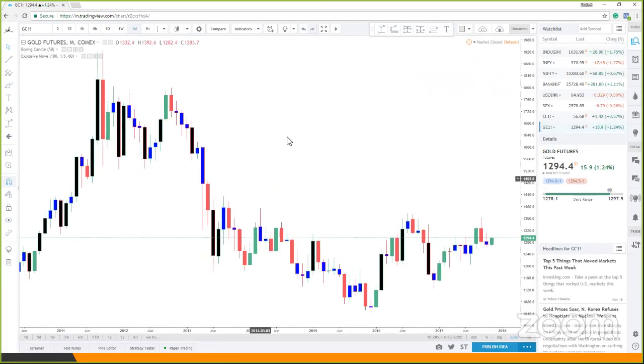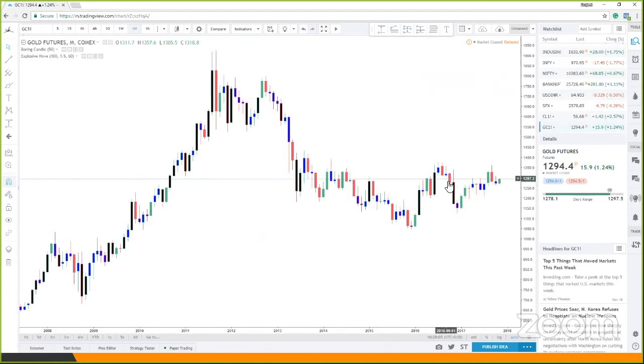Now, if you look at this, we are again hitting a supply area, right here on gold, and we started getting a reaction, but we also have this ugly looking demand at the bottom. It's a rally-base-rally kind of picture, but not very strong.